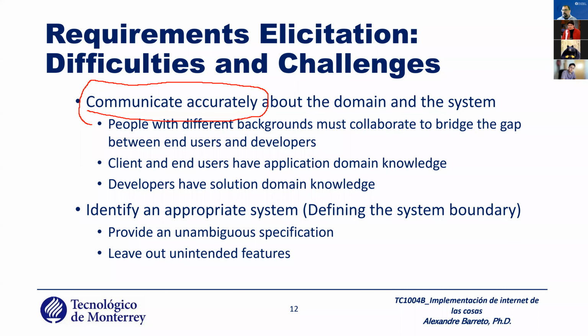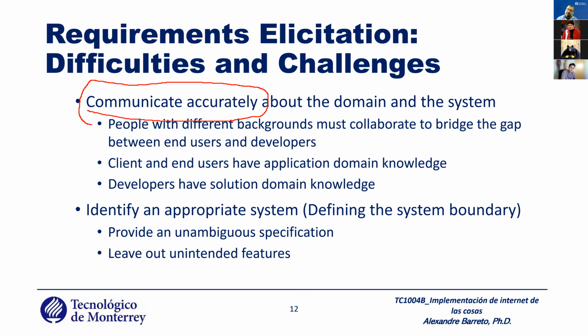It's the reason that software engineering research tries to develop tools to describe things, like UML. It is a modeling language that researchers try to create as a language common to users and developers.